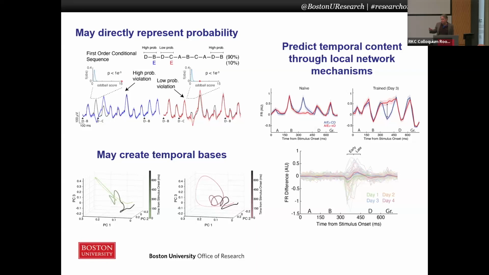And I say that because if you have conditional sequences where the exact same images change the relationship to each other based on context that is probabilistic, or conditional on a longer component of the sequence, you can see differentiation in the response that seems to scale with the probability of those events occurring.